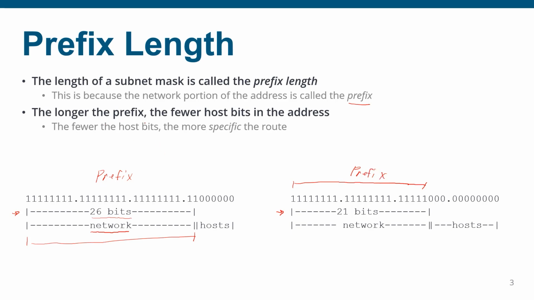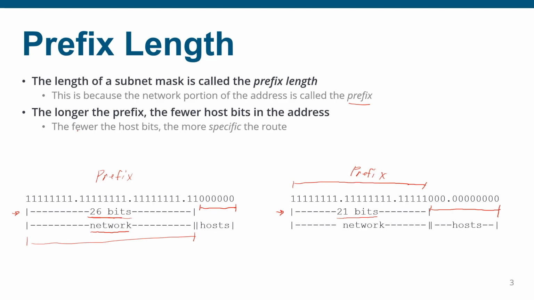The longer the prefix, the fewer host bits in the address. Where I have 26 bits in my prefix, I only have 6 host bits. If I have 21 bits in my prefix, then I have 11 host bits available.